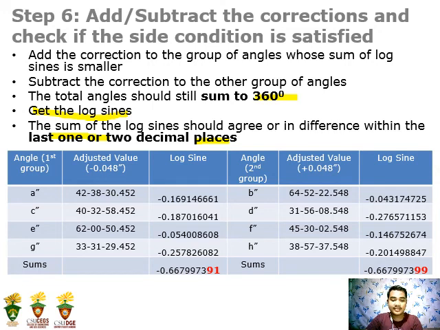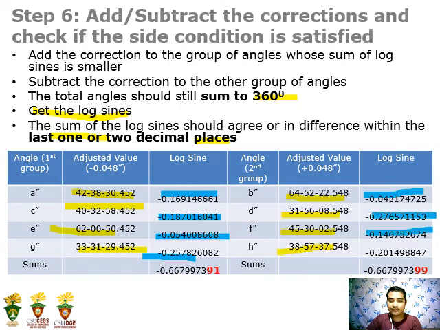We have the adjusted values of A, B, C, D, E, F, G, H. The first group is A, C, E, G, and the second group is B, D, F, H. Step 6 says we are going to get the log signs, for A, C, E, and G, and likewise for B, D, F, and H.